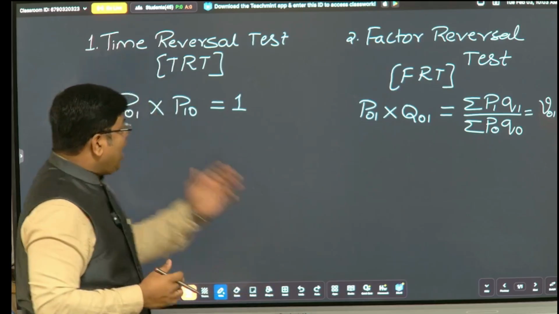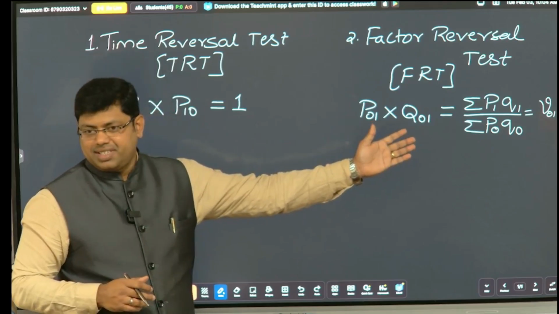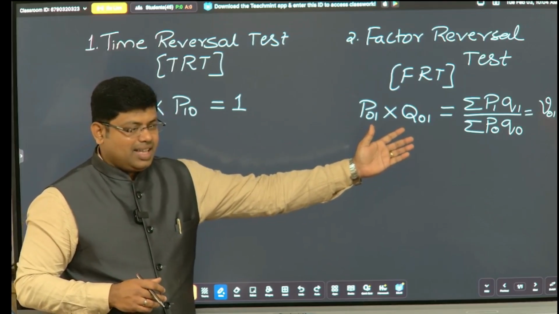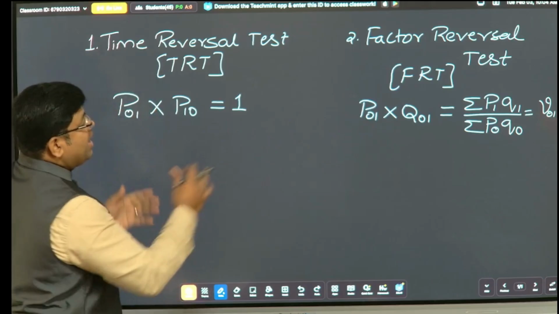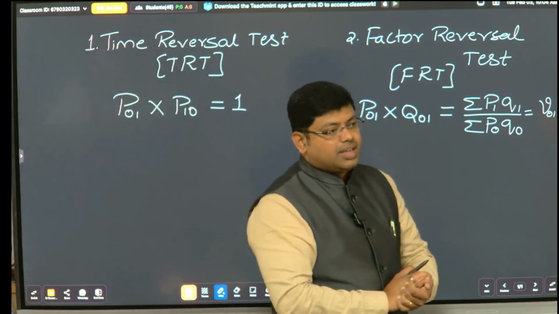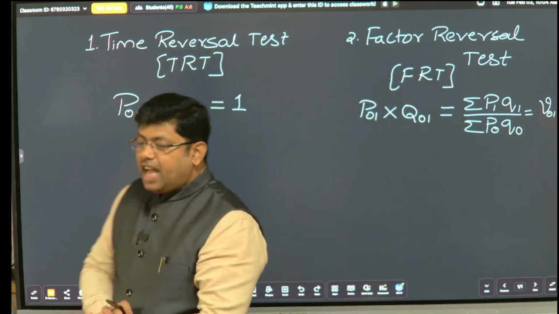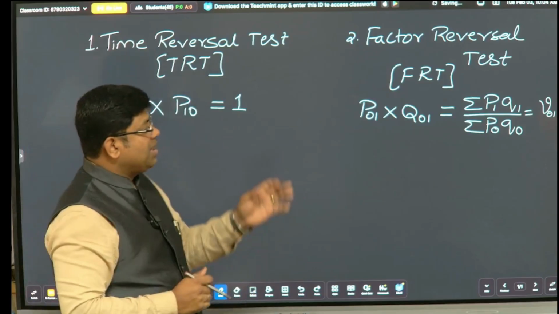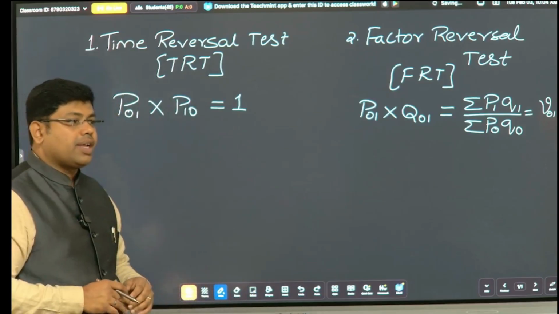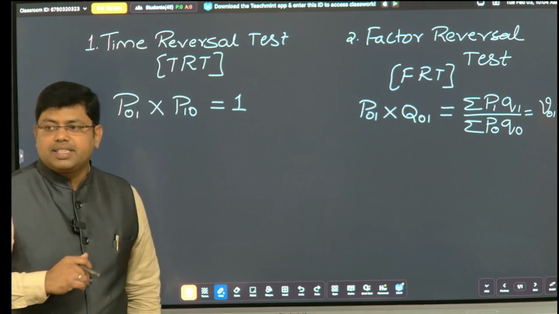Who gave this, sir? Fisher's. Okay, right? So this is proved by Fisher. Hence we say Fisher's ideal index number. Clear? Now we have to use this formula and prove that Fisher's is an ideal index number.